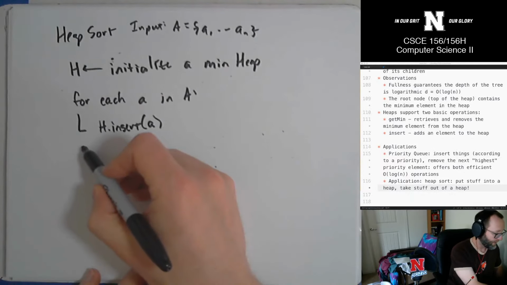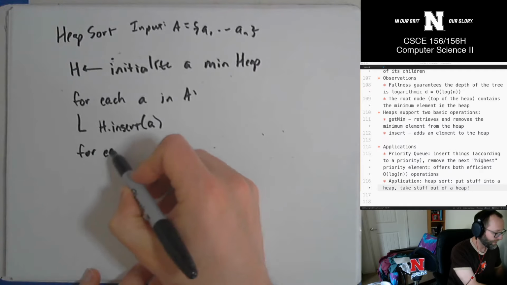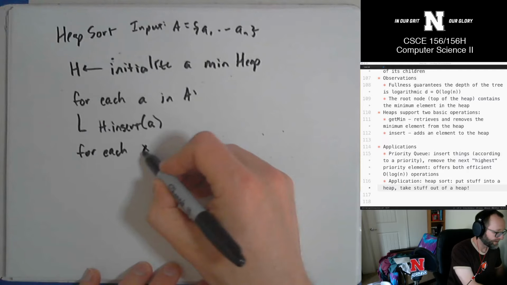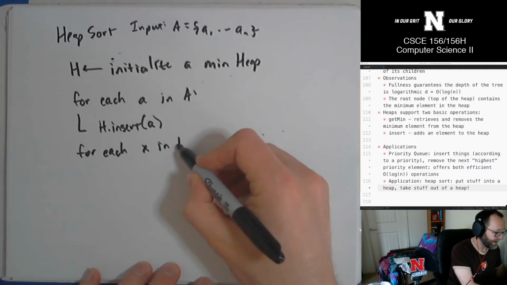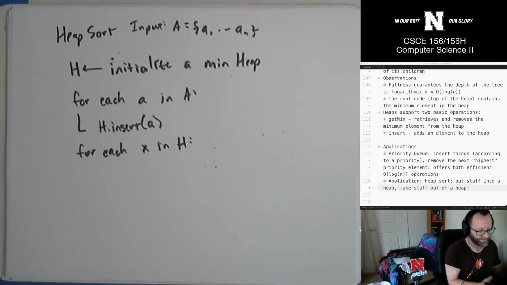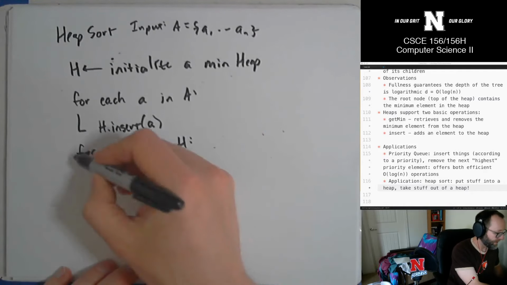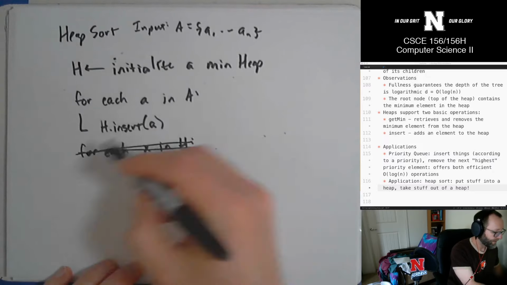Okay. Then for each X in H, in other words, you could change this into a while loop. While H is not empty, then I will take it out, right? In fact, here, let's go ahead and rewrite this.